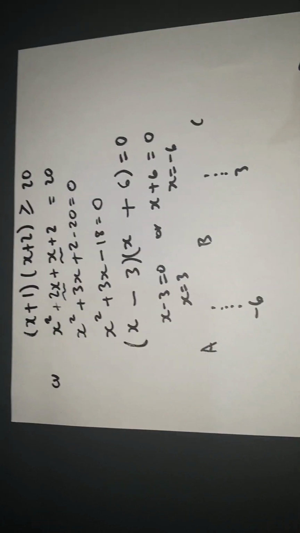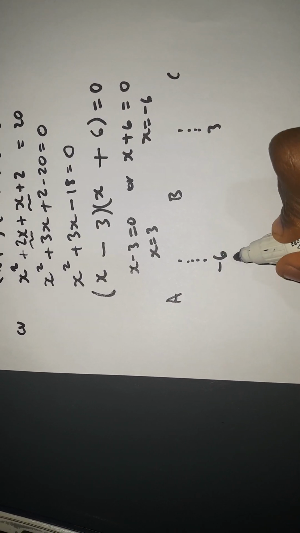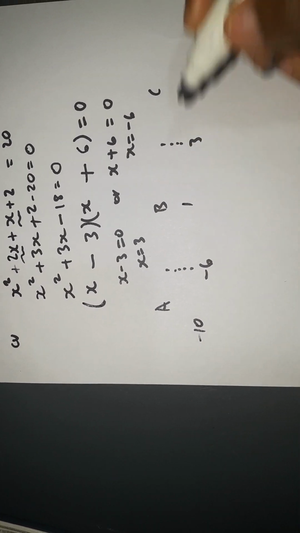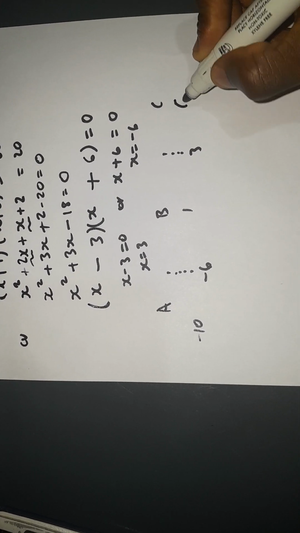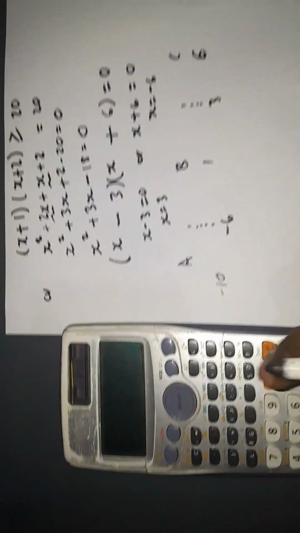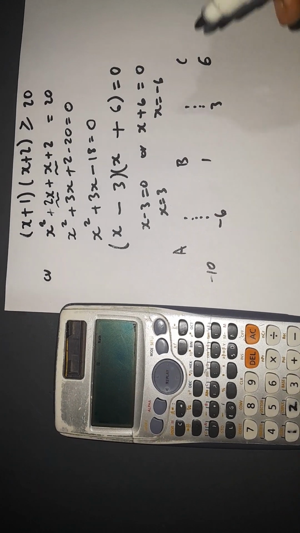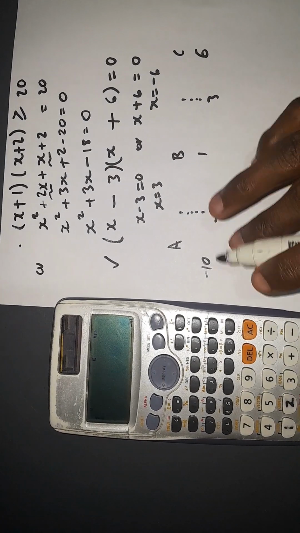So now let's find the number that is less than negative 6. We can use negative 10. Here we can just use 1, that is in between negative 6 and 3, and here we can just use 6. So let's try to substitute them in the factors. Remember, we will no longer be using the original one, we will only be using this one for the factors.